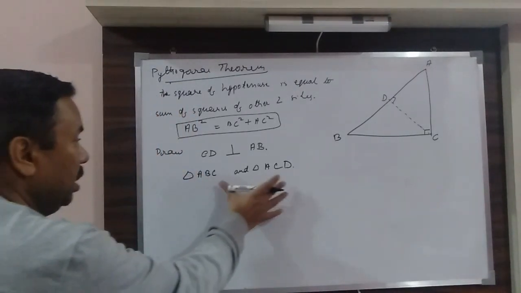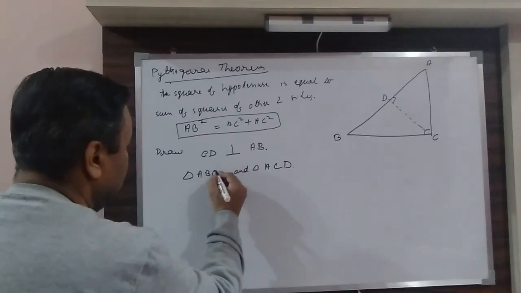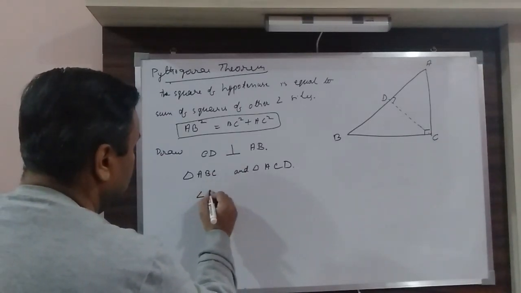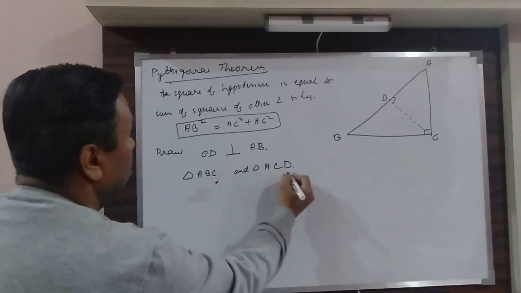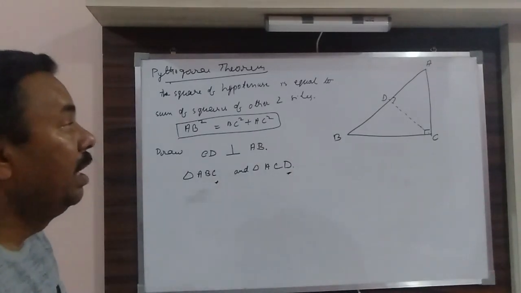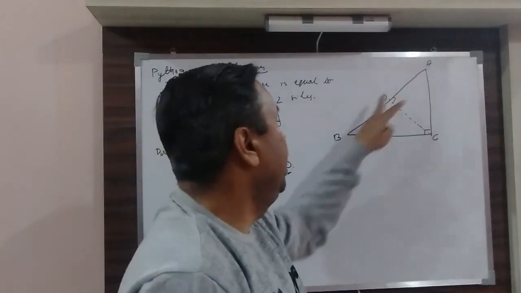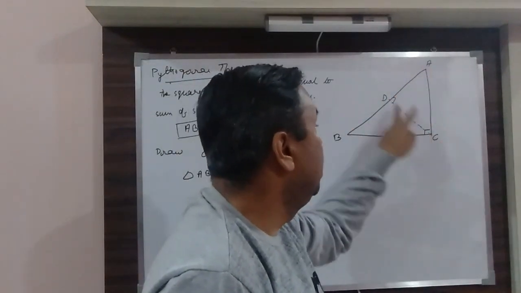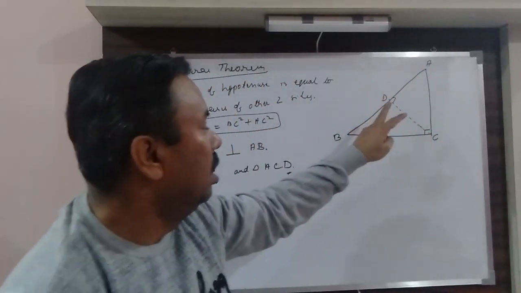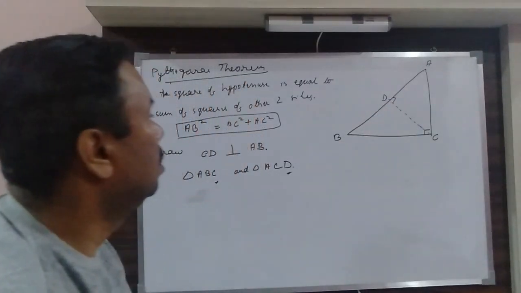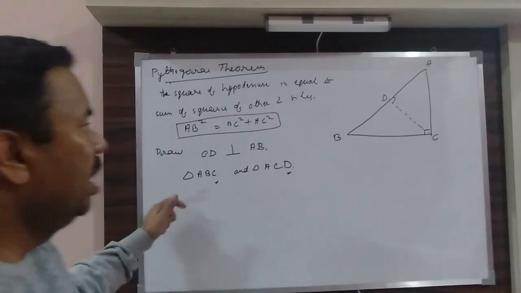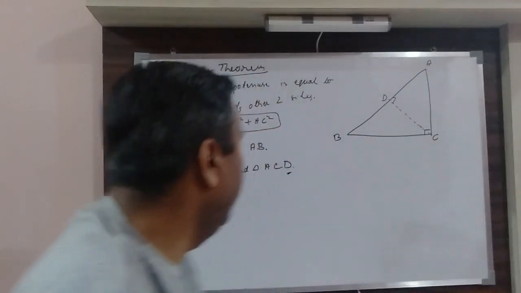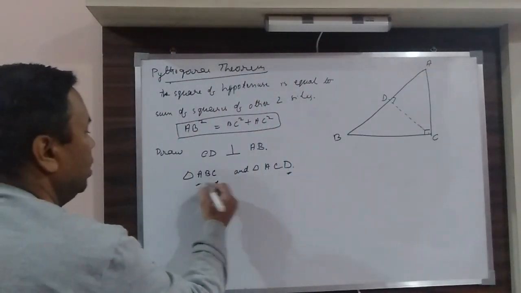You see, in these two, the last angle, angle C in one, is equal to angle D. I have taken ABC and ACD. Okay, both are 90 degree, and there is one angle in common, that is angle A. Angle A is common.